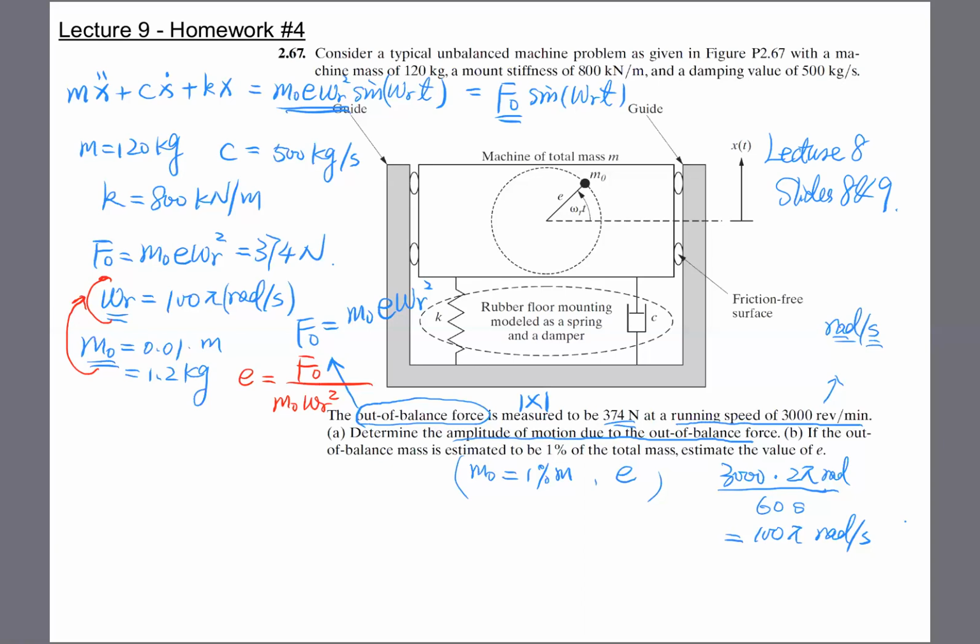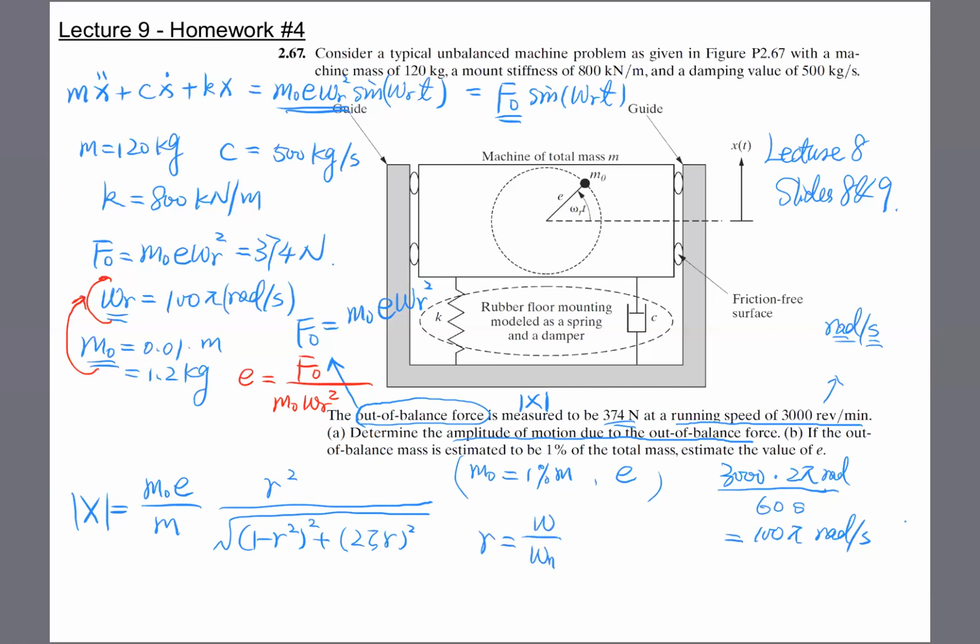From there, we have the transfer function. Let's directly copy it. So the amplitude of x is m naught e r squared over the square root of 1 minus r squared, squared, plus 2 zeta r squared. Again, r is omega over omega n.